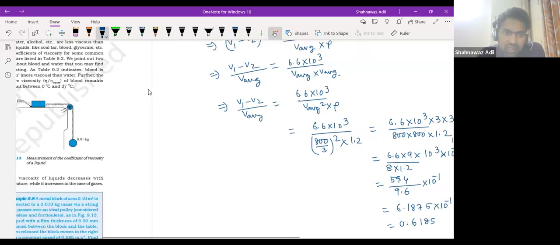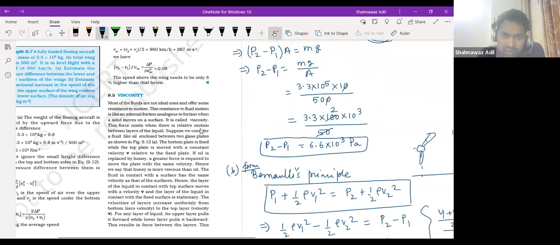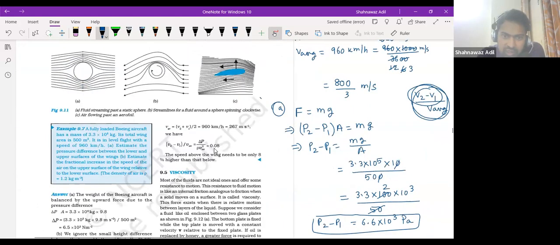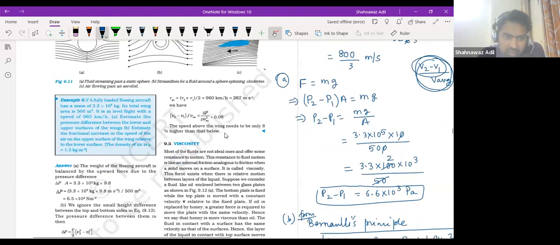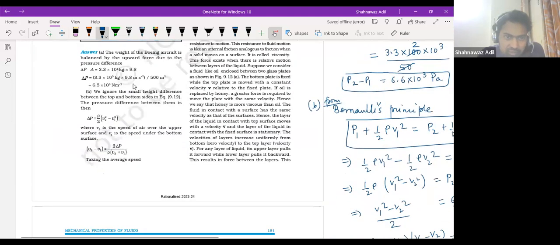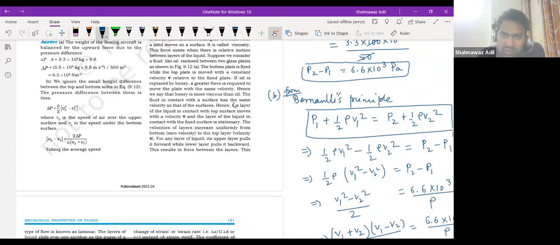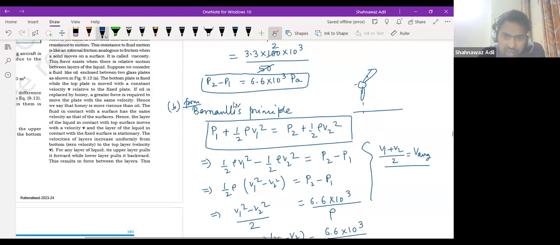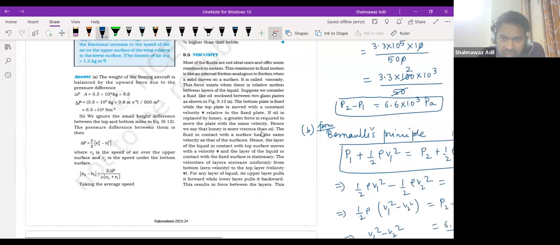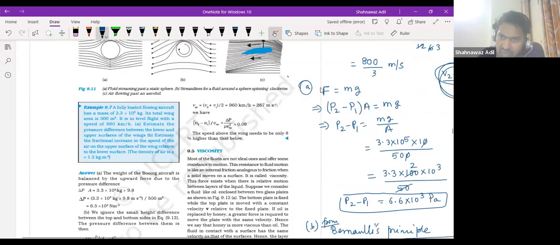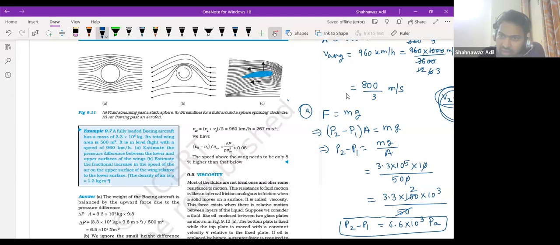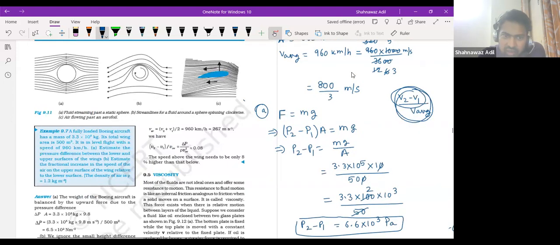But in here, what they are getting? They are getting 0.08. Now 6.6 into 10 to the power 3, that thing is correct. And this is 267. So how much are we getting?